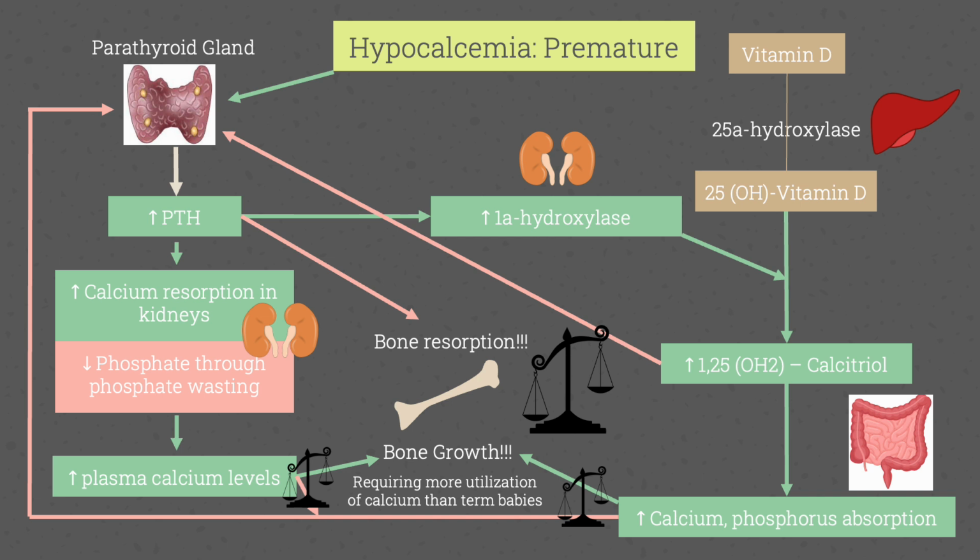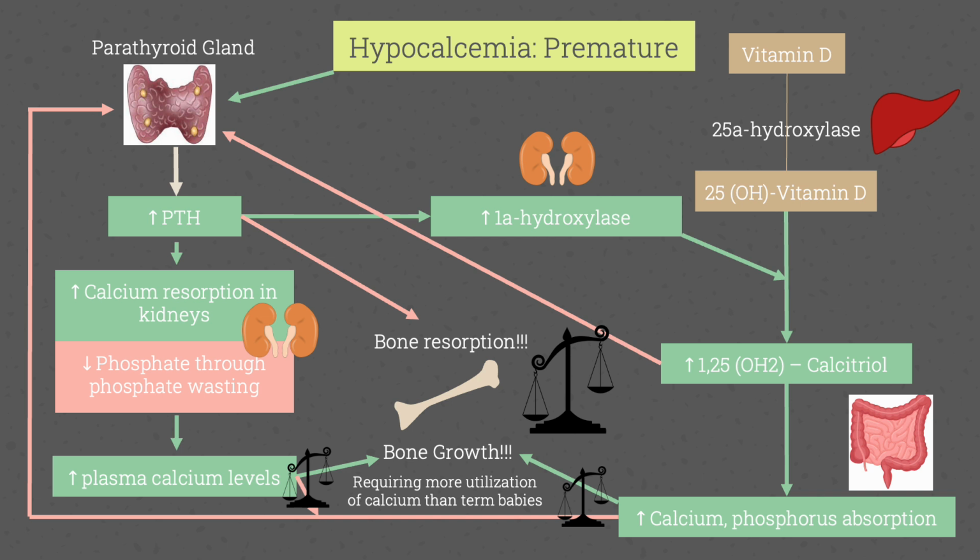It's going to cause more osteoclast development, which is going to break down bones that were formed by the baby to release more calcium, as that's where about 99% of our calcium is stored, to try to improve the calcium plasma levels.